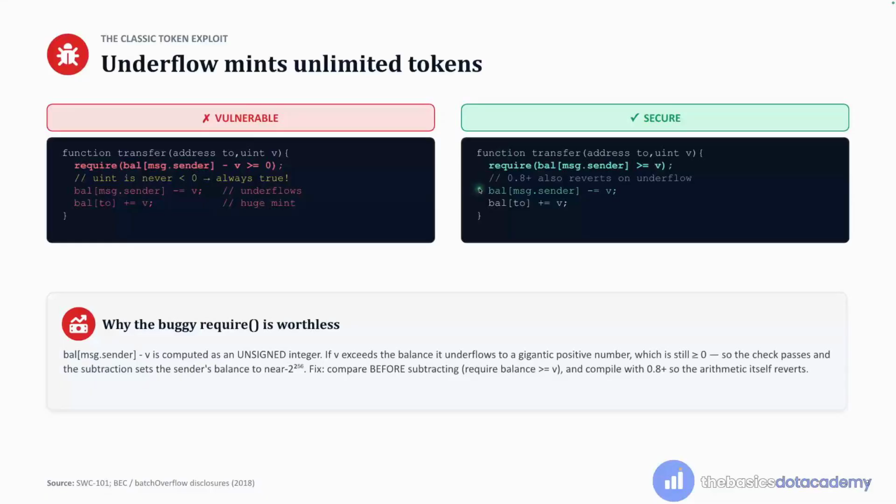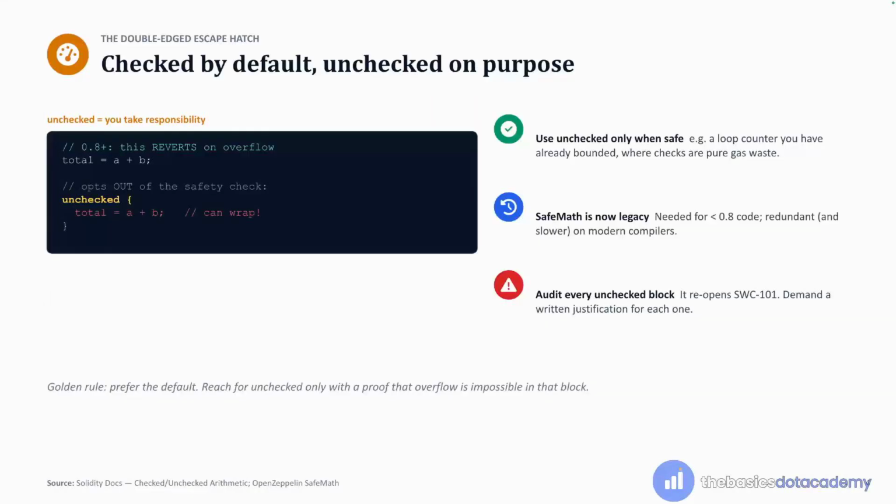However, if you are using Solidity compiler version 0.8 or anything above that, when this line executes and the balance of msg.sender is 0 and v is 1, it will revert by default. On using Solidity 0.8.0 or above, the overflow and underflow checks are implemented by default.